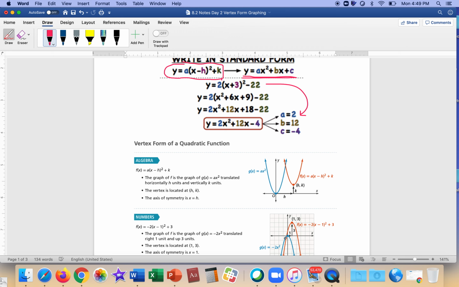So a lot of people sometimes forget they want to distribute first. PEMDAS, right? You can't simplify inside the parentheses, but you need to do the squared. It's not x squared plus 9. It's x plus 3 times x plus 3.